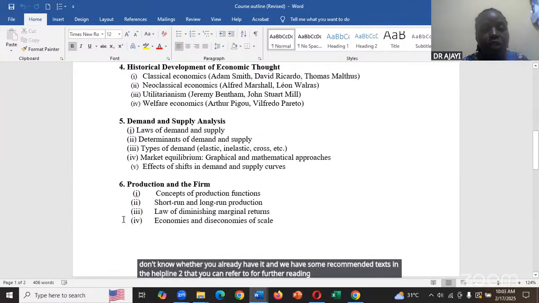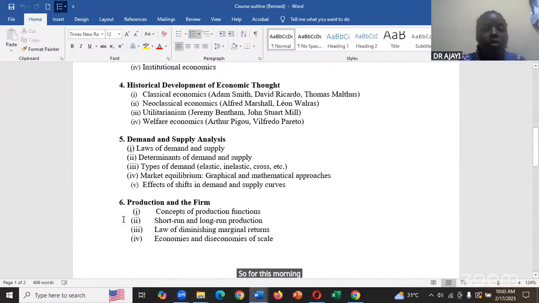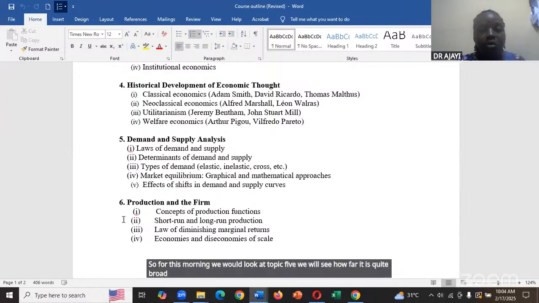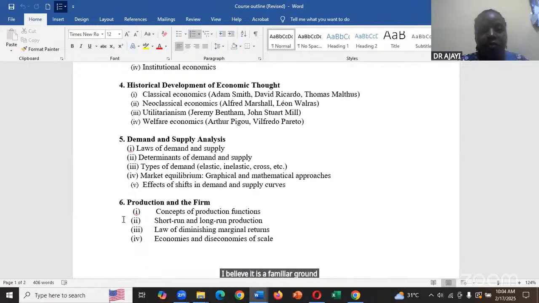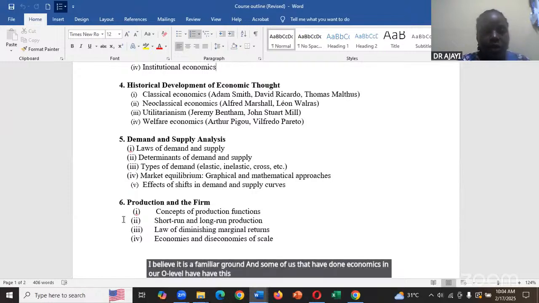So for this morning, we will look at topic 5. It is quite broad, but we will try to cover as much as we can under topic 5, and that is demand and supply analysis. I believe it is familiar ground, and some of us that have done economics at O level have this already at the back of our mind.